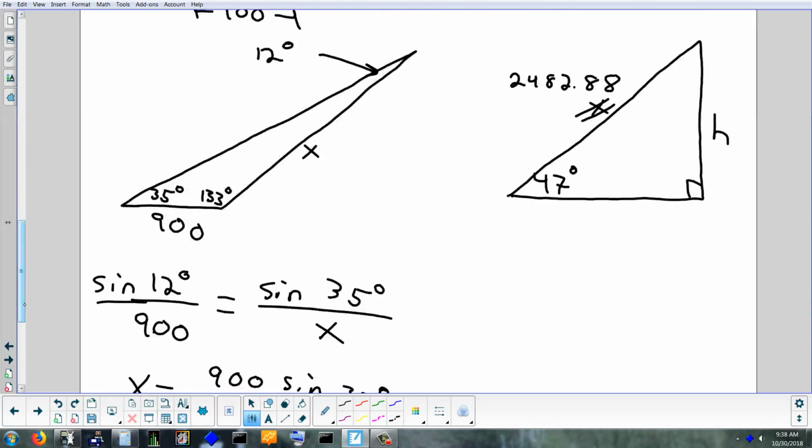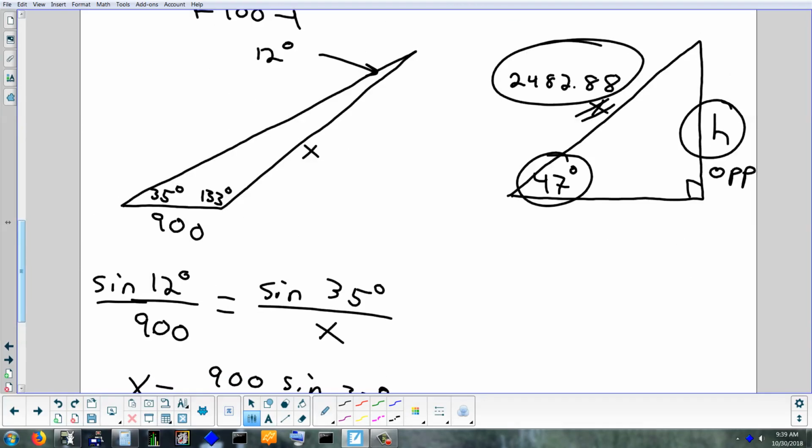You could use what we learned this week, but I would just go back to what we learned last week. From the perspective of the 47, figure out the names of those two sides. So h is farthest away, so it would be opposite. And what about 2482.88? That's your hypotenuse. Which trig function has opposite and hypotenuse in it? Sine. So the sine of 47 equals opposite over hypotenuse.